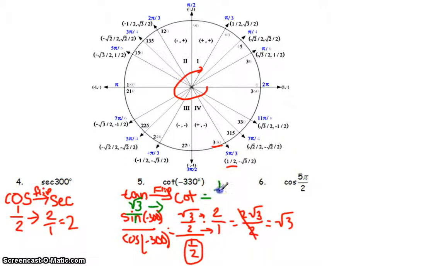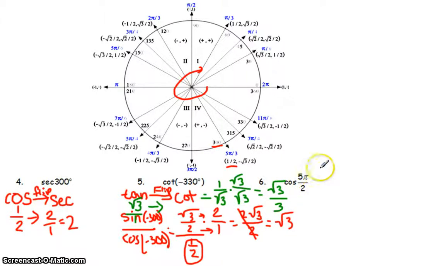So I will get 1 over the square root of 3. However, I cannot keep a radical on the bottom, so I need to multiply by the square root of 3 over the square root of 3. And I'm going to get the square root of 3 over the square root of 9, which equals 3.